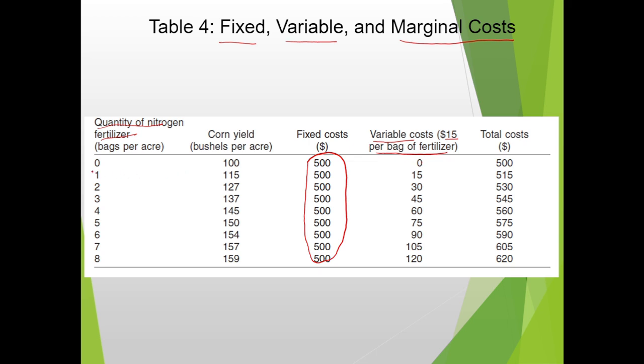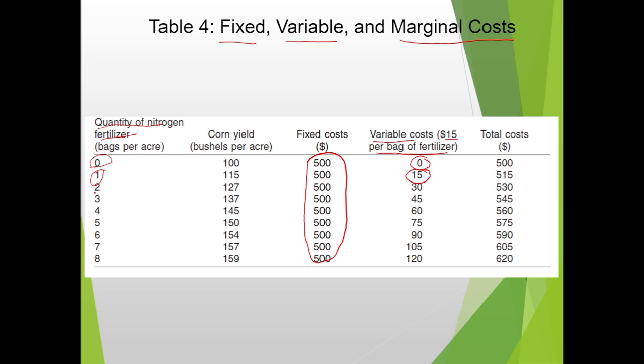When Paul does not purchase any nitrogen fertilizer, obviously the variable cost is zero. When Paul purchases one bag of nitrogen fertilizer, then the variable expense is 15. Why 15? Because that is the cost of one bag of nitrogen.